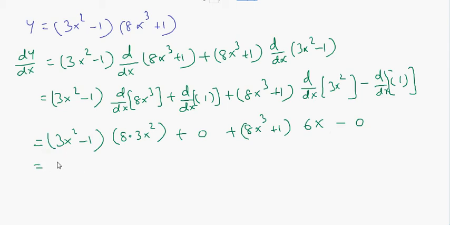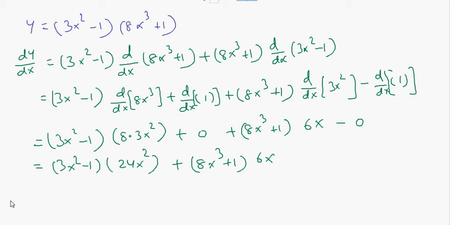Now you have here 3x squared minus 1 times 24x squared plus 0 plus 8x cubed plus 1 times 6x.